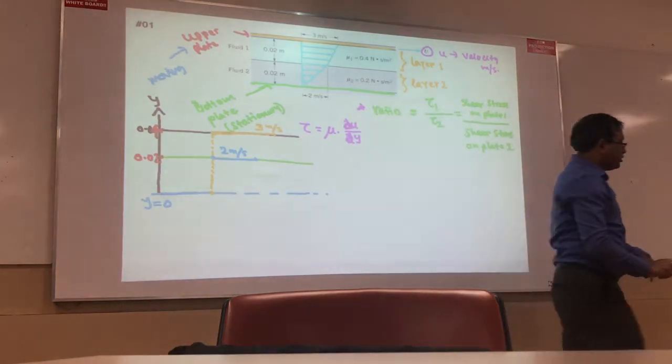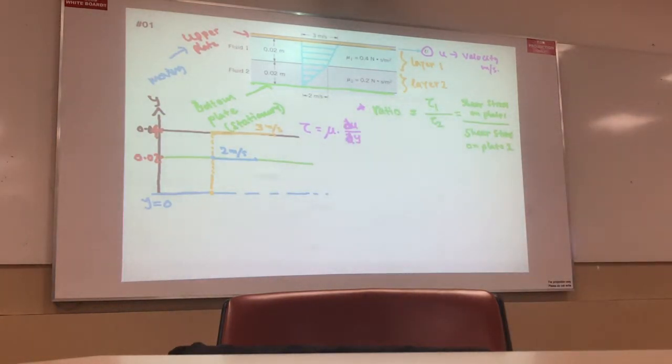So I can draw the velocity profile. So can I draw like this? I just join these two lines. Correct. So at that point, the velocity is this one. At that point, the velocity is this value.